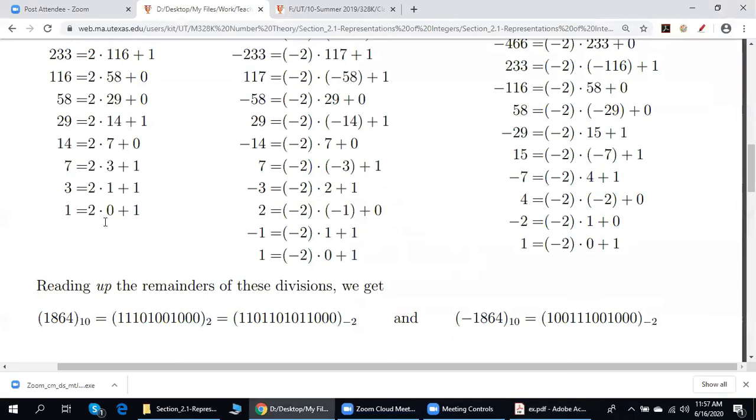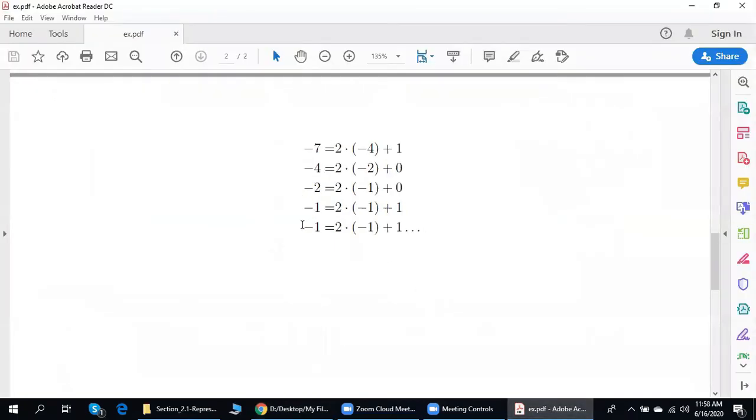Remember, I said we stop when we get 0. Over here, there is no way we can stop at all. Here we get same as here. We put negative 1 here, yet again same expression, and so on.